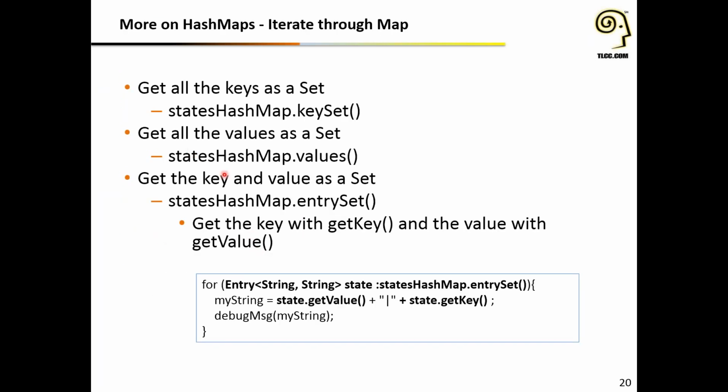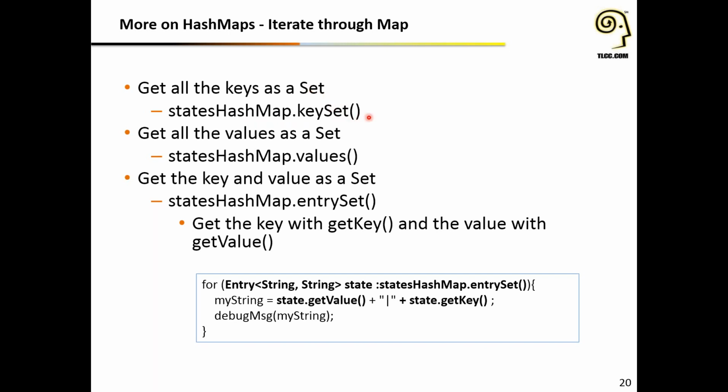Okay, so a little bit more on hash maps. In the example I did before, we just used the get method. But we might want to get all the keys as a set so we can loop through them. So this is our hash map. We can say .keySet and we'll get all the keys as a set.